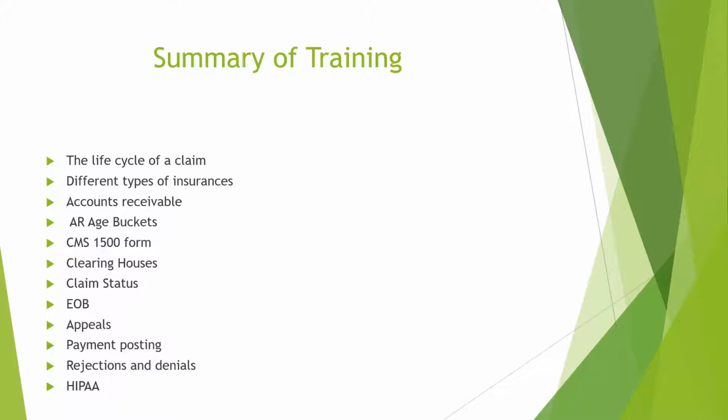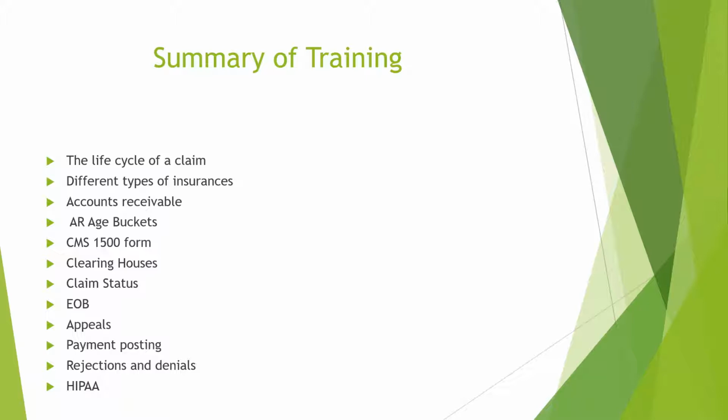As an AR worker, you will need to follow up on your claims by checking the claim status. You can do this on the website if you have a website for specific insurance, or you can call the insurance company directly to get the status.